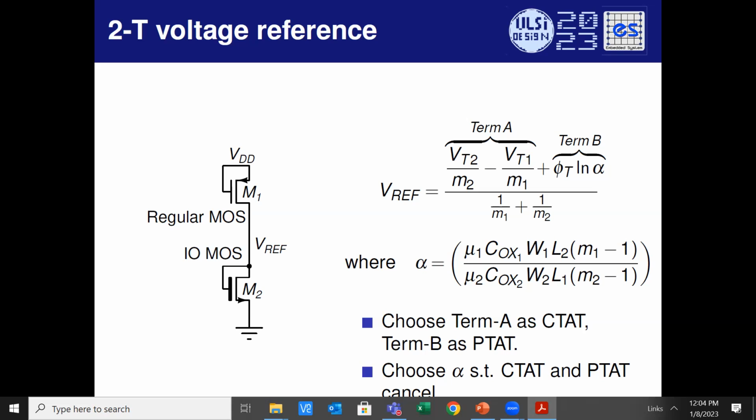Yes, if drain and source are at equal voltage, then it doesn't matter what gate and source are, there will be no current. Remember the MOS characteristics. If drain-source is 0, then no current flows, wherever you are as far as VGS is concerned. Thank you, sir. So, have I answered your question?